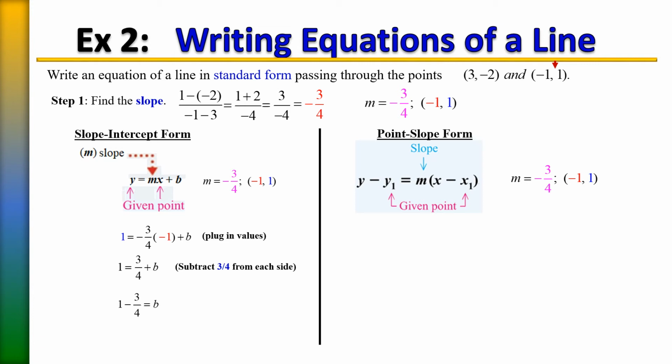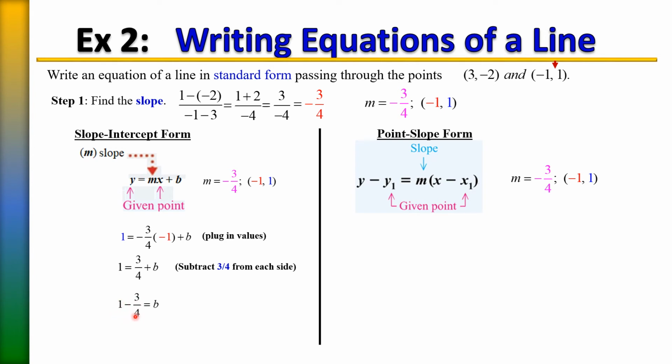Now, if you'd like to simplify that even quicker, you can think of this 1 as being 4 over 4, because you know any number over itself equals 1. So if you rewrite 1 as a fraction of 4 over 4, you have the same denominator.